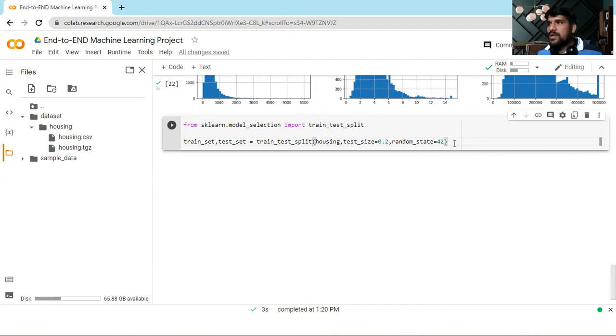So what it will do is split my data into train and test, where the test size is 20% and the train size is 80%. To mention 20%, I'll mention 0.2.